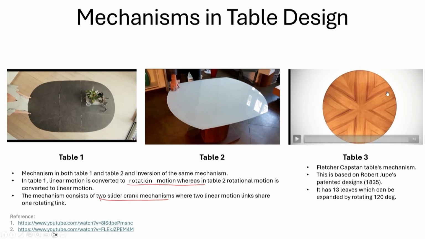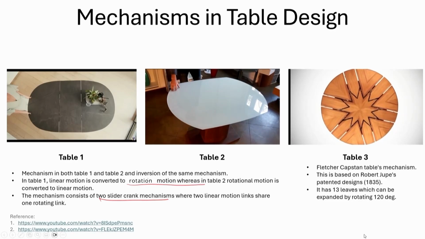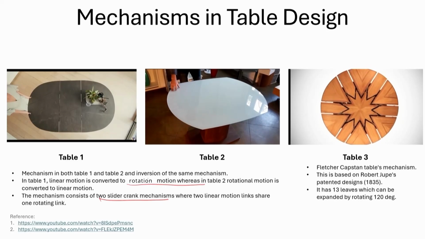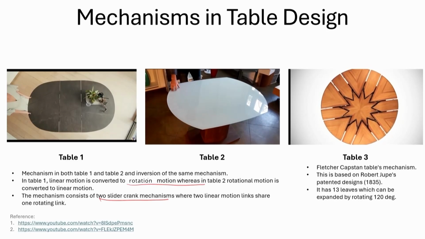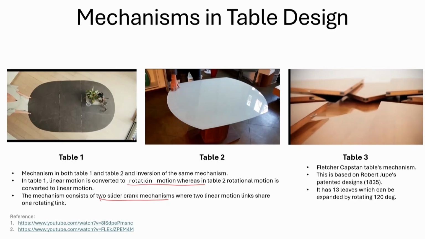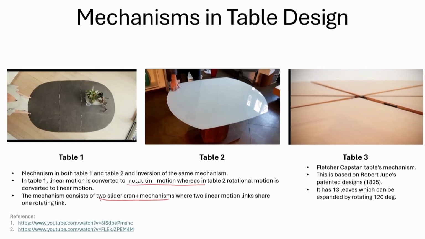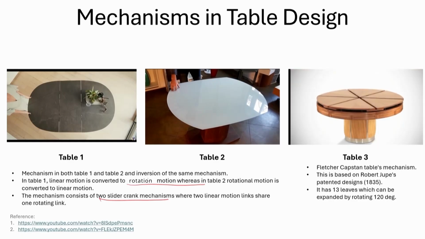Table 3, if you look at it, is even more fascinating. Table 3 is the so called Fletcher capstan table mechanism, and you can see that it has 13 leaves, and the entire table can be expanded by rotating 120 degrees, so that you can get two different sizes from the same table.